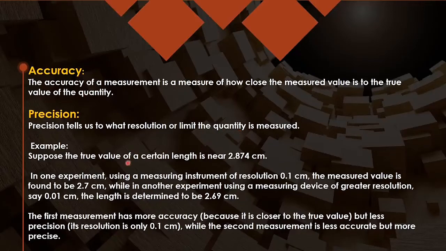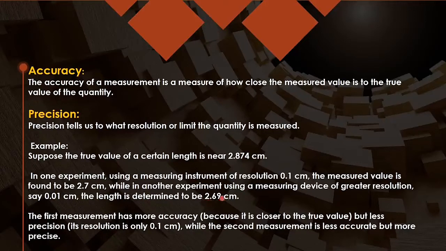So this is an example to make it clearer: suppose you are measuring a certain length which is 2.874 centimeter, and you are doing this experiment with the simple scale of 0.1 centimeter, and you are finding the value 2.7 centimeter, while your friend is using another instrument like vernier calipers, and he is getting the length 2.69.